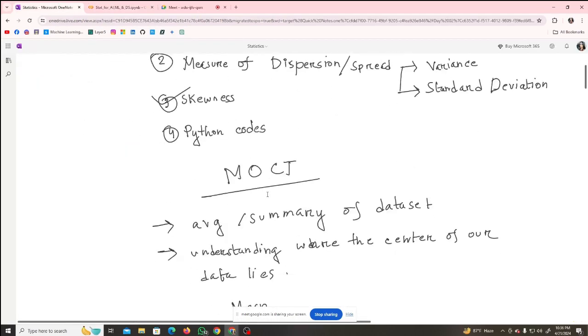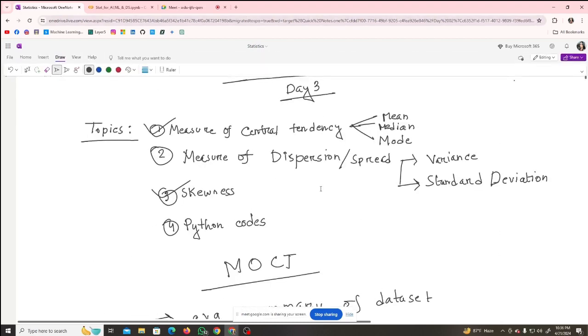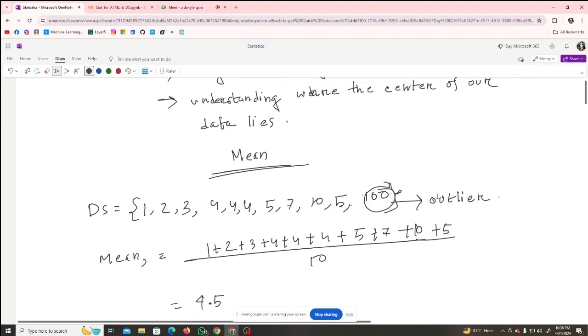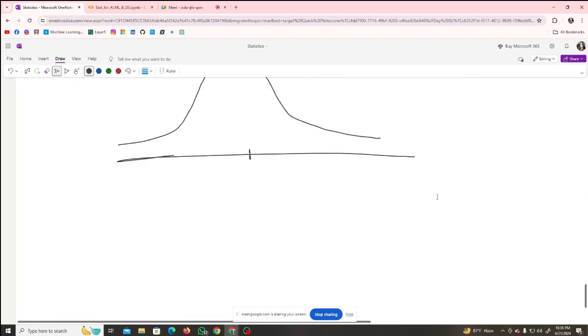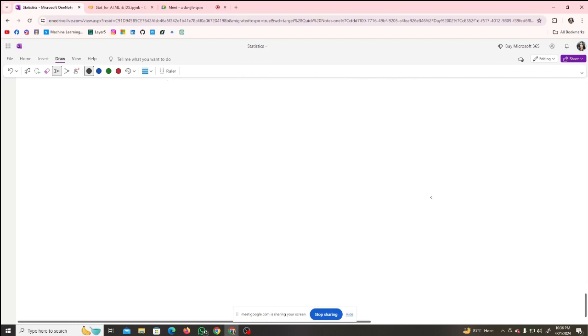Then we have our next topic, which is measure of dispersion, also known as measure of spread.